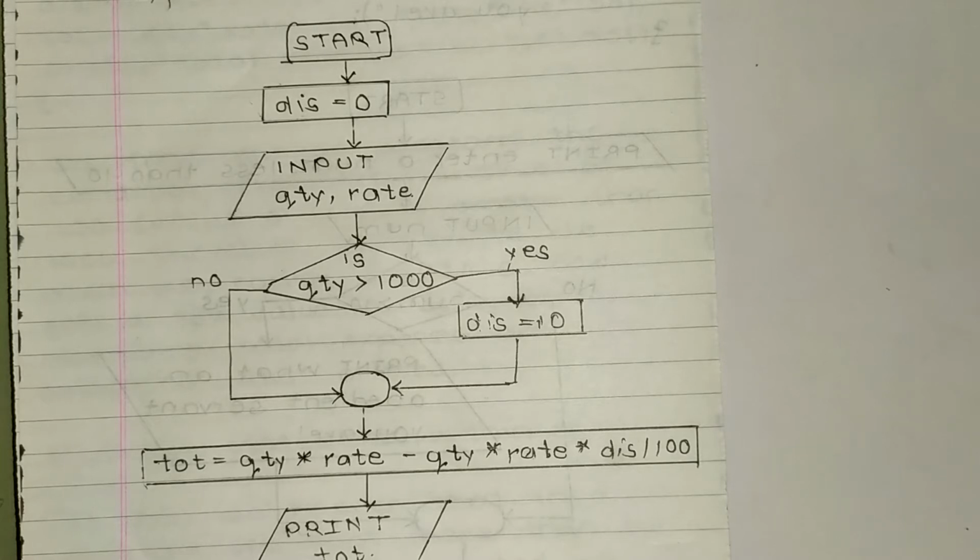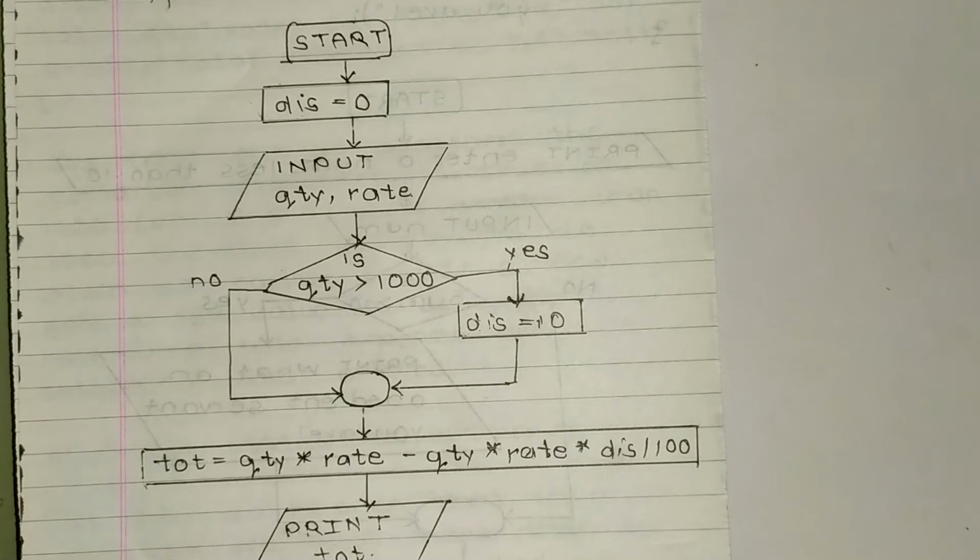So here in input we are taking, that is we are scanning quantity and rate. So we are giving input of quantity and then rate. Now we are comparing, is quantity more than 1000, so comparison is being done.